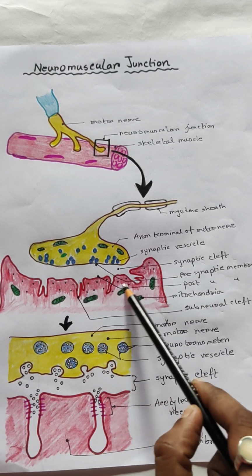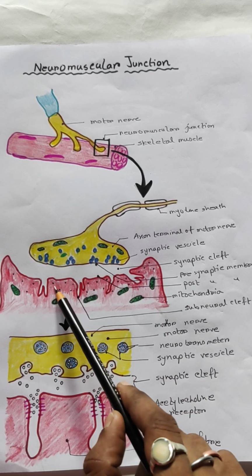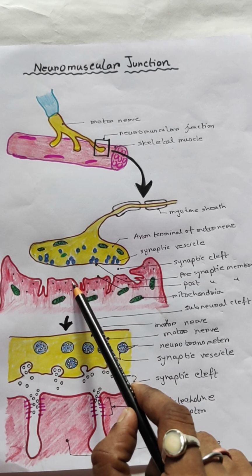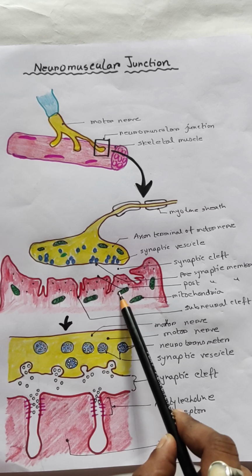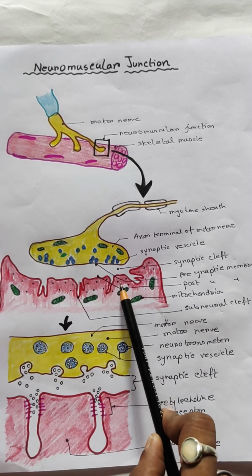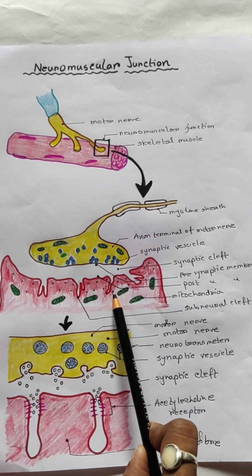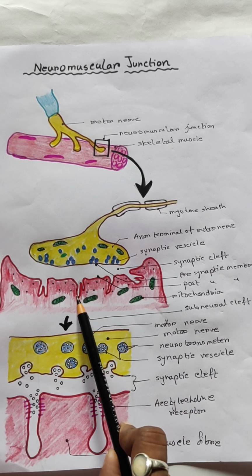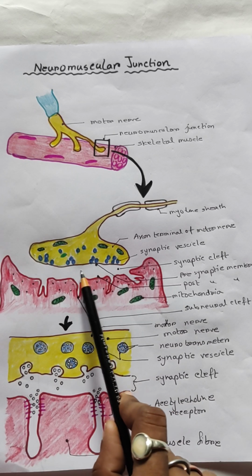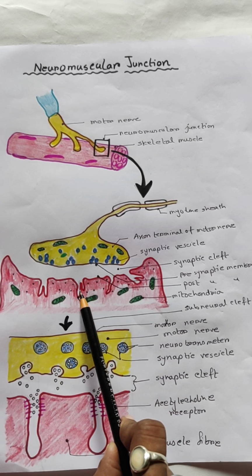This is the muscle membrane of the muscle. And these are some mitochondria, because we know that skeletal muscles contain more mitochondria because they need more energy. This is the synaptic cleft and this is the subneural cleft.